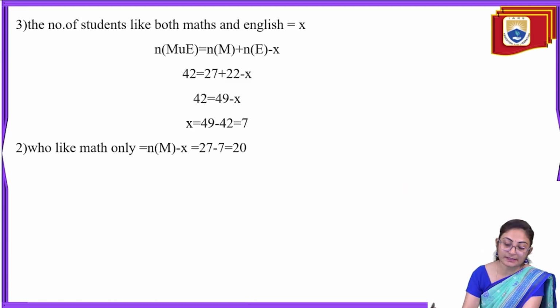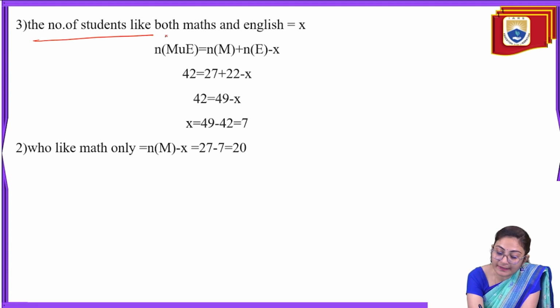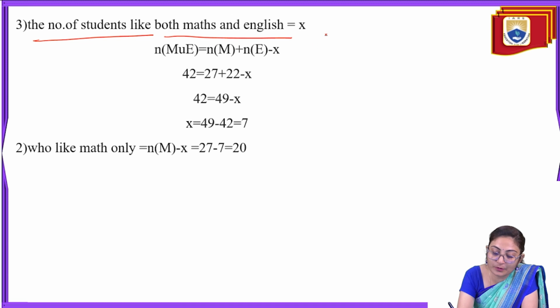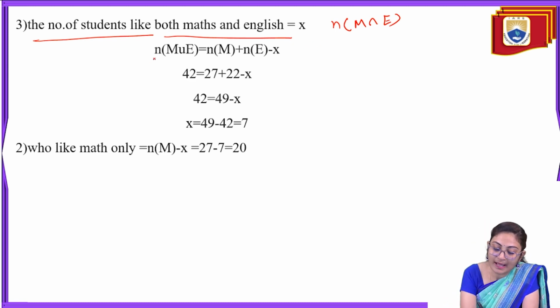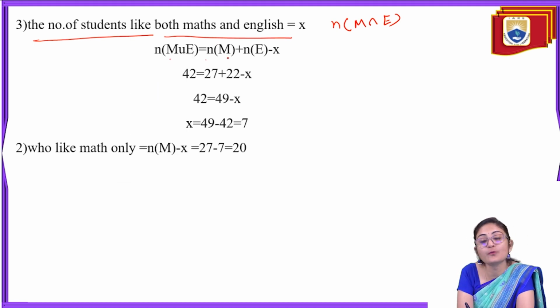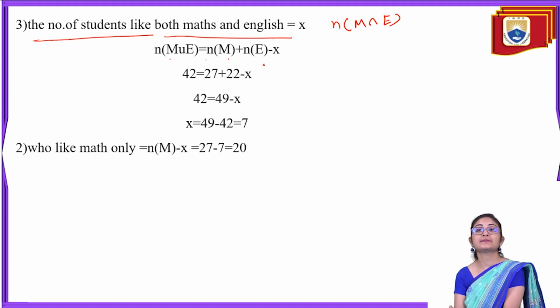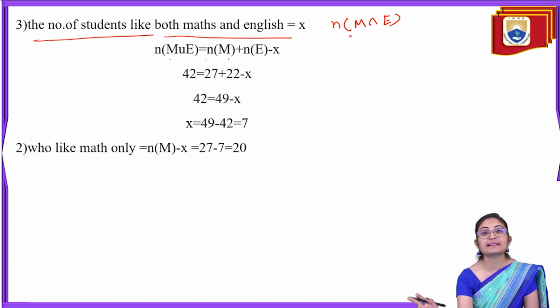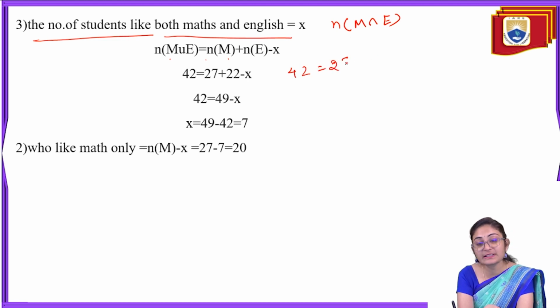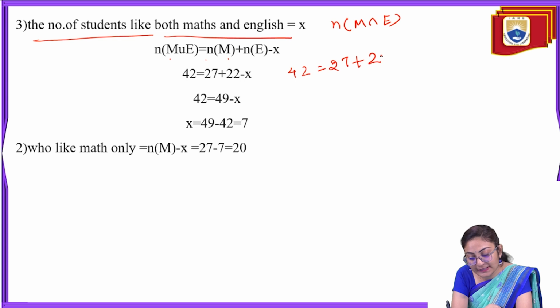Now next case is the number of students who like both maths and the English. Again we will use the formula. Both maths and the English means we can say N of M intersection E. Again we can say N of M union E is equal to N of M plus N of E minus N of M intersection E. Now 42, N of M value is 27 and N of E is 22.